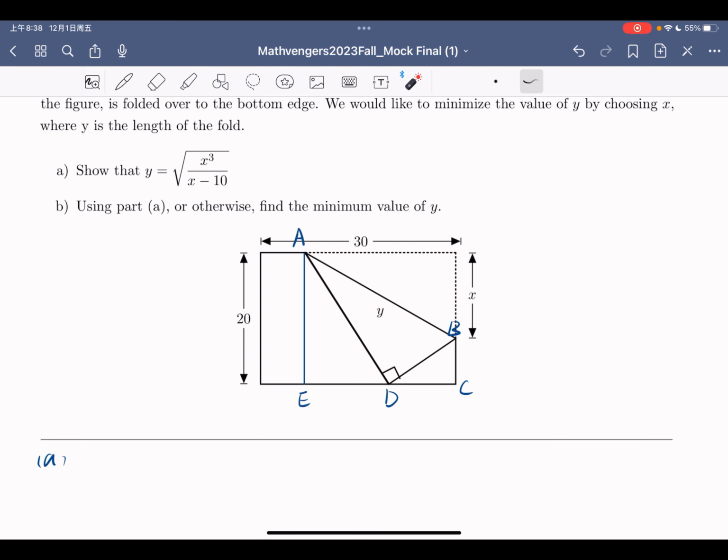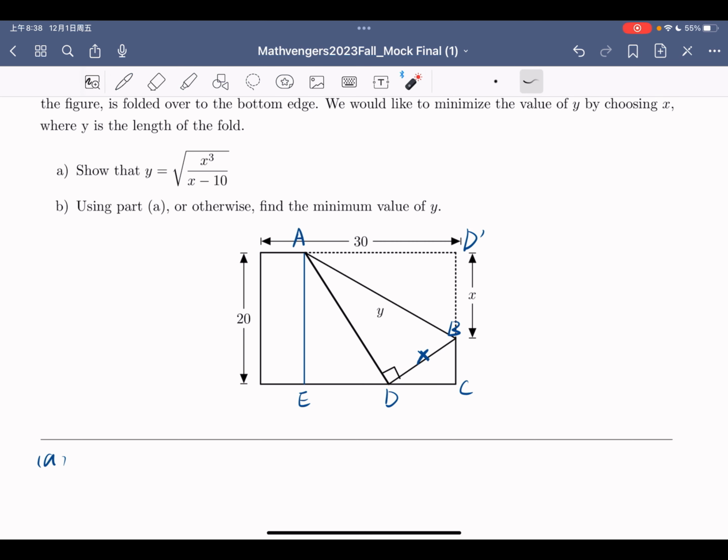Here we use D prime because this point corresponds to this point. If D prime is equal to x, the length of BD is also equal to x.